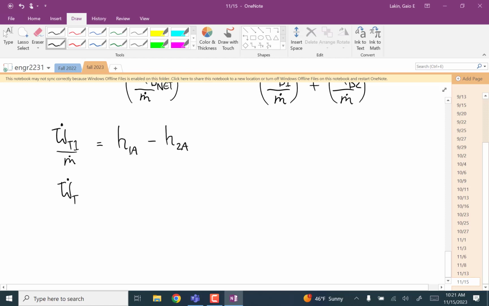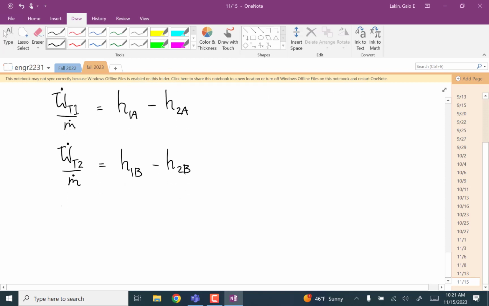W dot T2 over m dot is H1B minus H2B. W dot P over m dot is H4 minus H3.